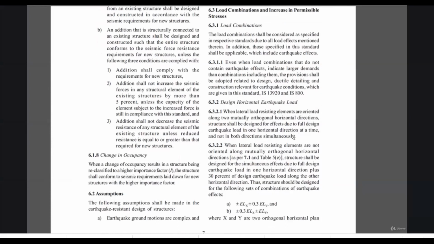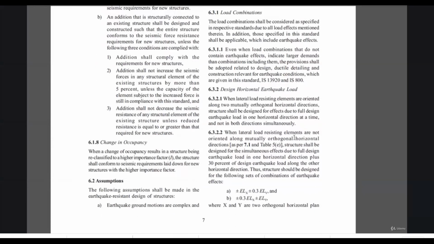That is, when the building is parallel to the x and y axes, then that building shall not be checked for the combined loading, that is ELX plus 0.3 ELY. When the building is not orthogonal, or is a building with very special structural shapes, then that building needs to be designed for ELX plus or minus 0.3 ELY, and plus or minus 0.3 ELX plus ELY.